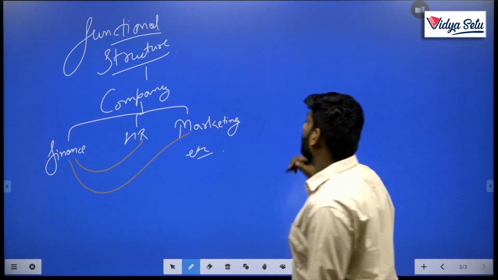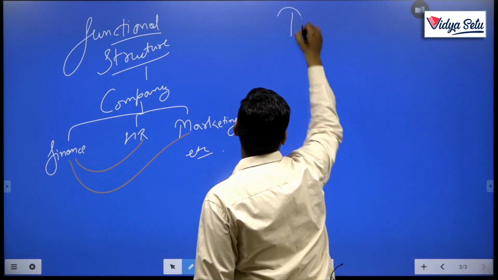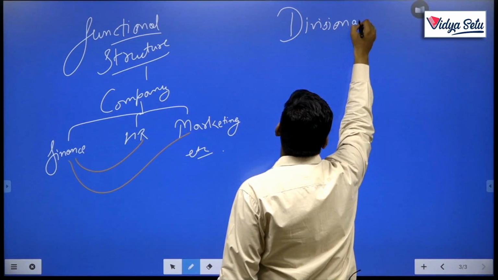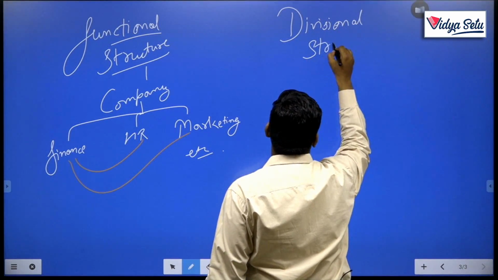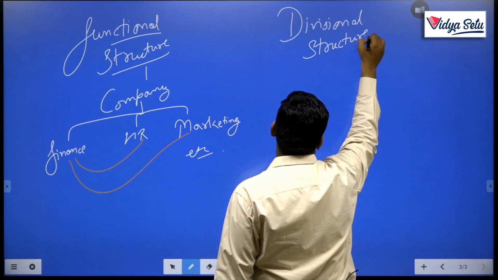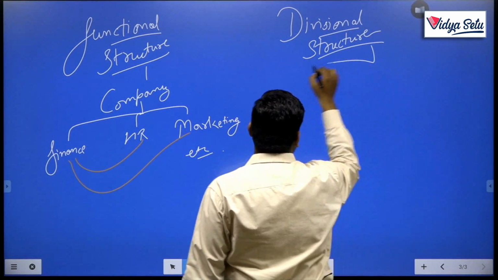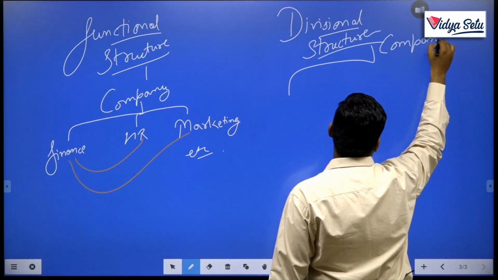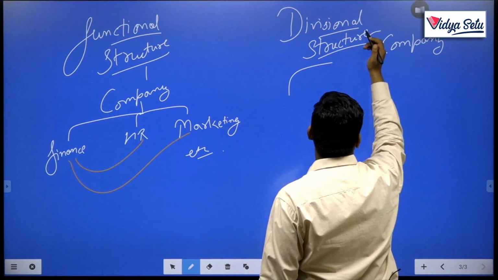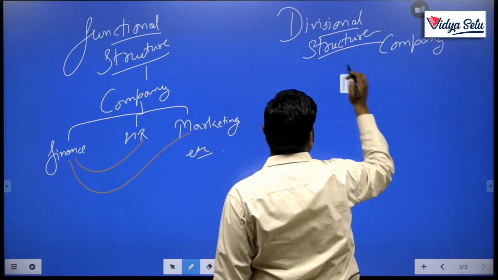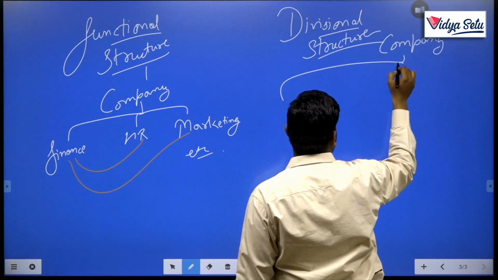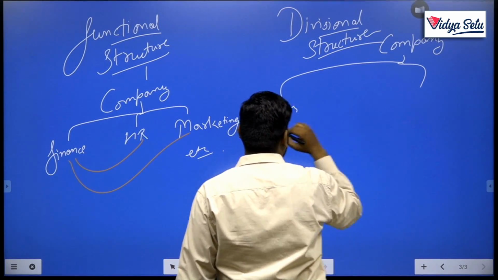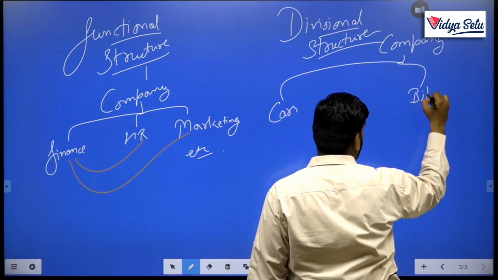Now let's talk about divisional structure. Suppose there is a company dealing with two products, like cars and bikes.